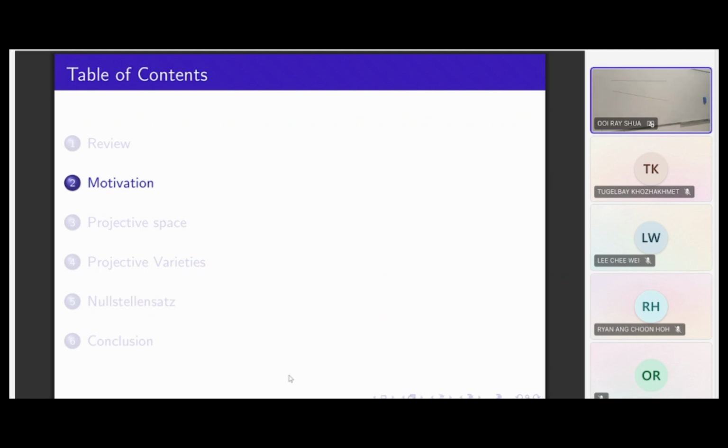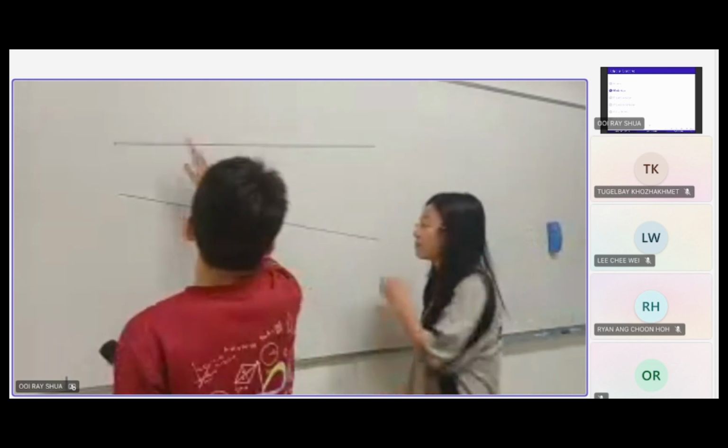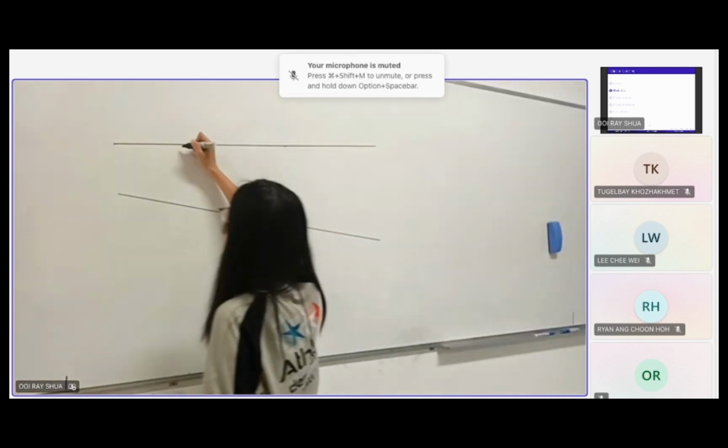So what is this magic trick? What you need to do is very simple. Just on this line, pick 3 points randomly, whatever you like.